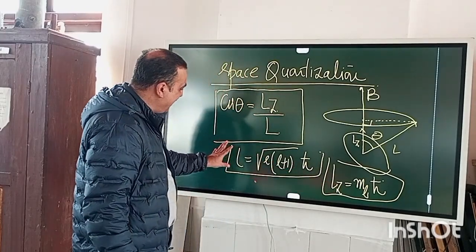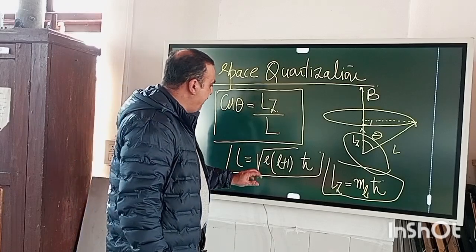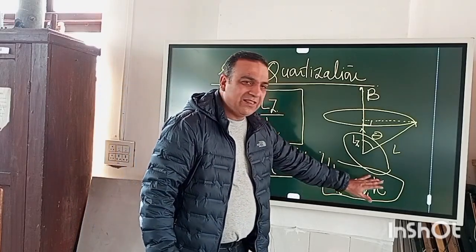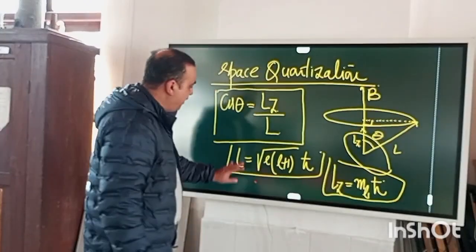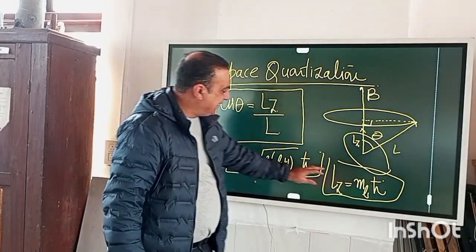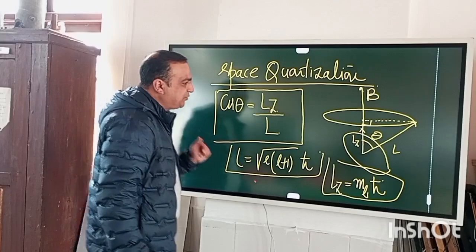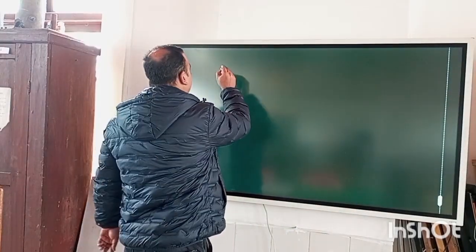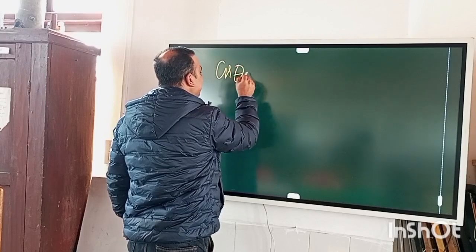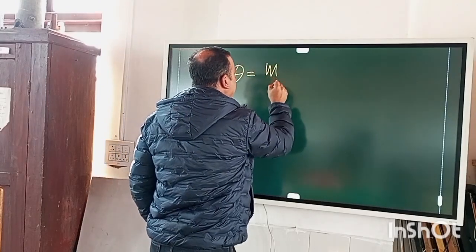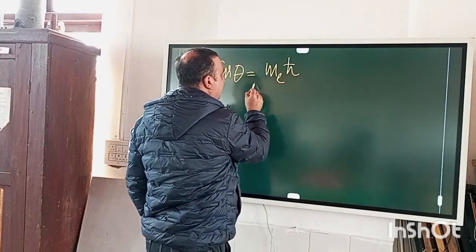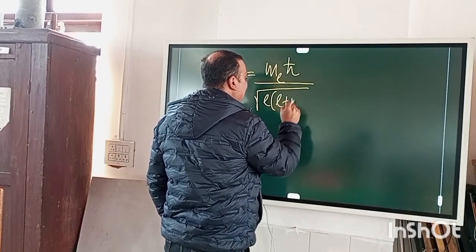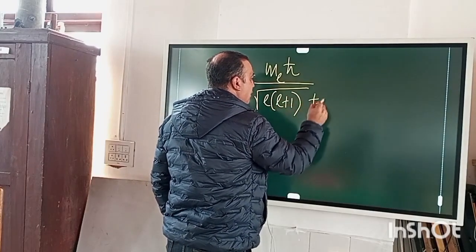So we have L and we have Lz. Lz is m_l h bar. So if I use Lz and L in this equation, I will have cosine theta equals m_l h bar by the square root of l times l plus 1, h bar.